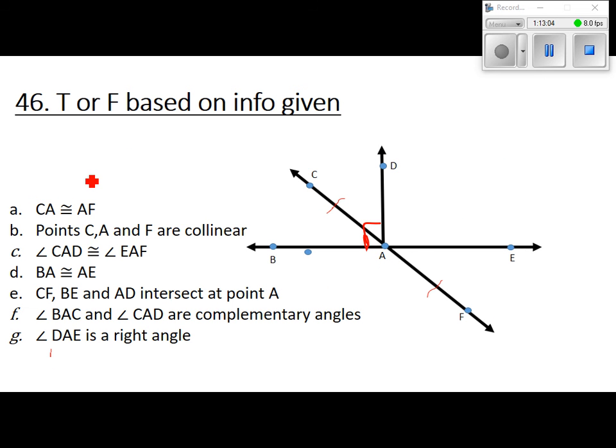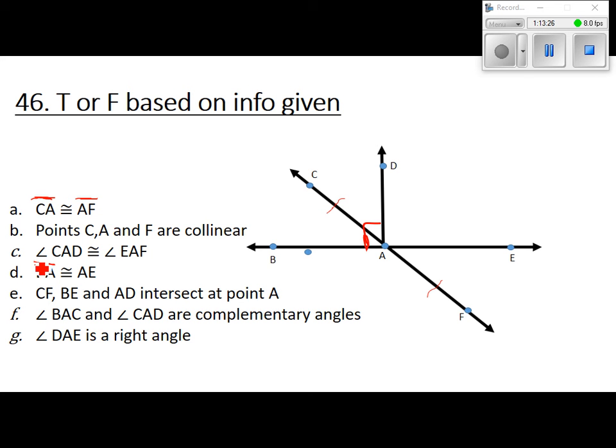Next, 46, true or false, based on the given information. This is telling you about the fact that you can't just assume things. This should say segment CF, or segment CA and segment AF. I didn't put any of my symbols on top of these.